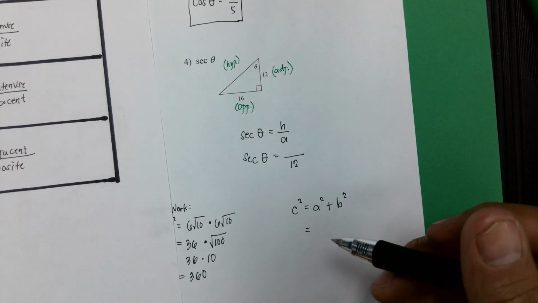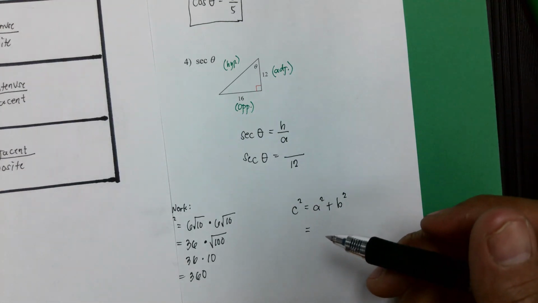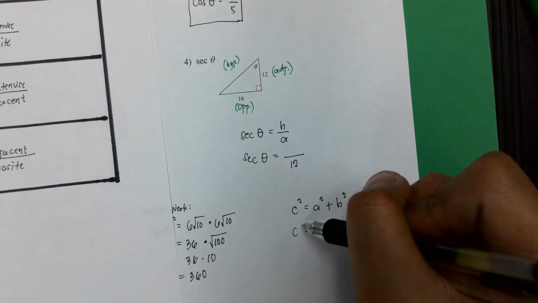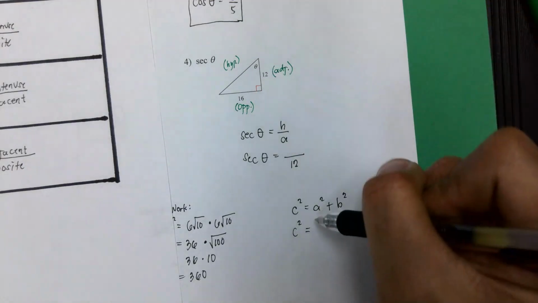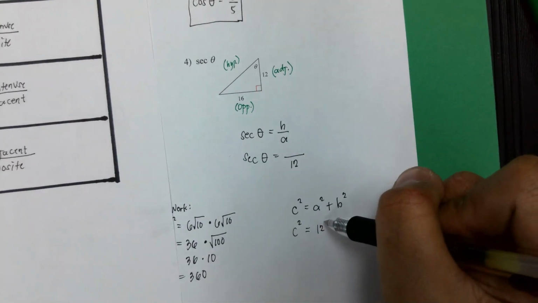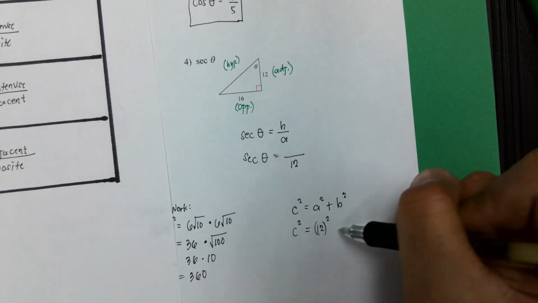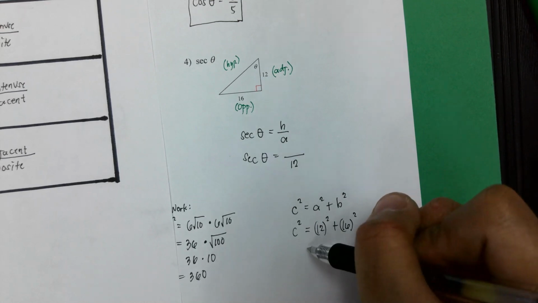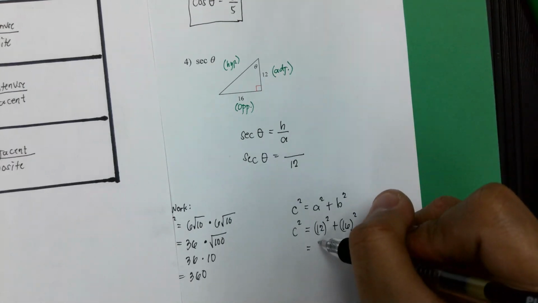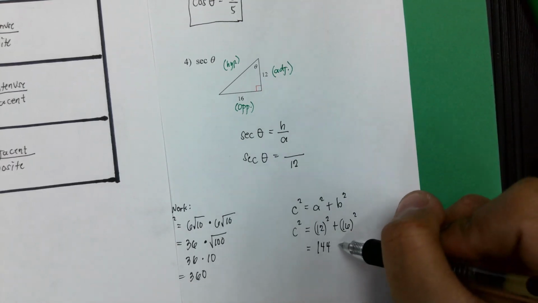C is missing, so we'll leave it as C squared. A is the height, which is 12. B is 16. 12 squared is 144.